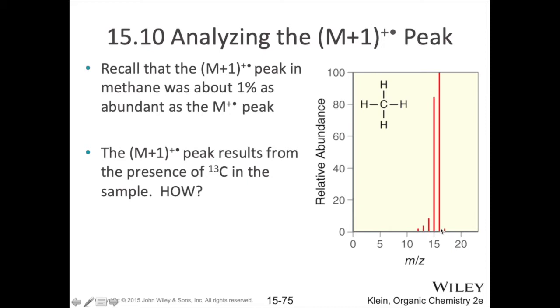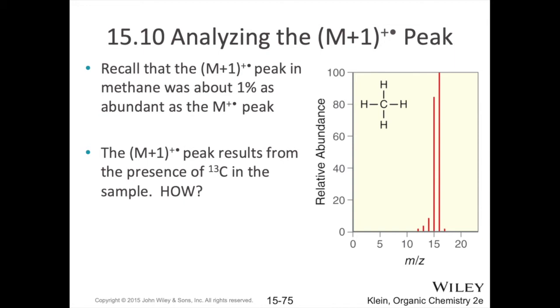You just are going to have some molecules in your sample that have a carbon-13 instead of a carbon-12. And that's where that peak comes from. So whenever you see a peak beyond your parent ion, that's usually due to isotope effects.